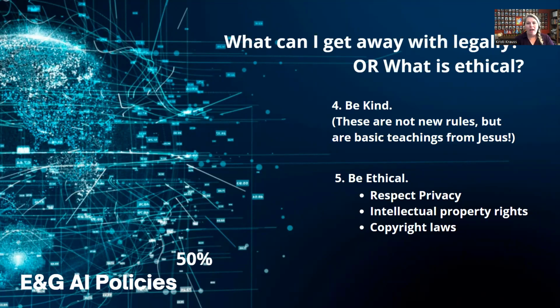So how do we be ethical when it comes to AI? The first thing is to respect privacy. It doesn't impact us much with Equip and Grow, but anything you enter into a chat is public domain. So if you put in your personal address or somebody else's personal address, it's like you're posting that.